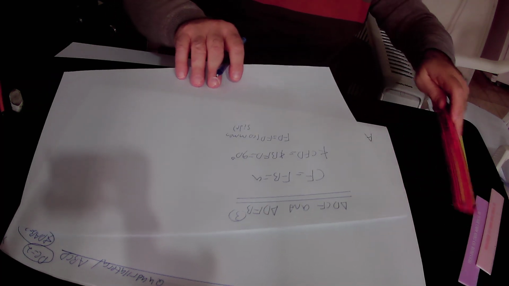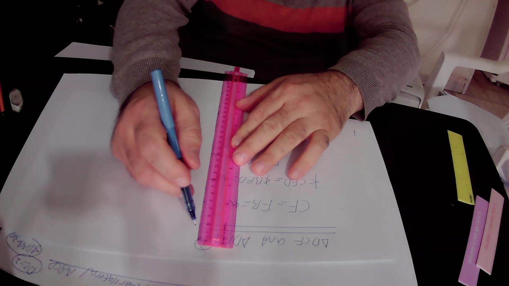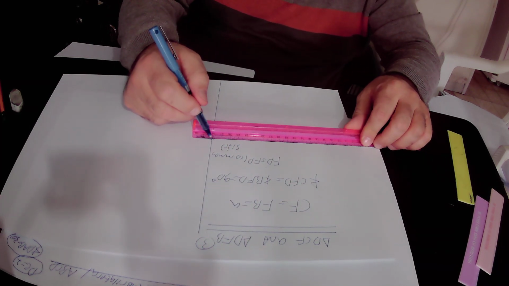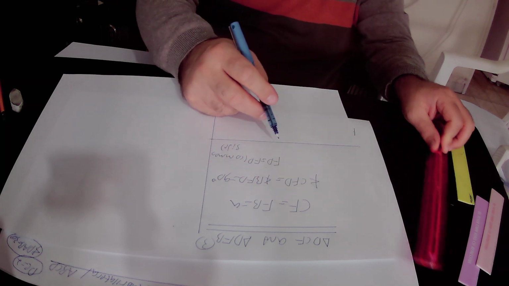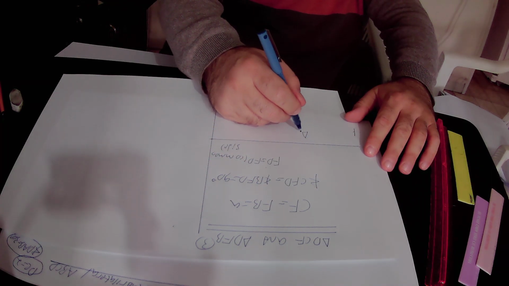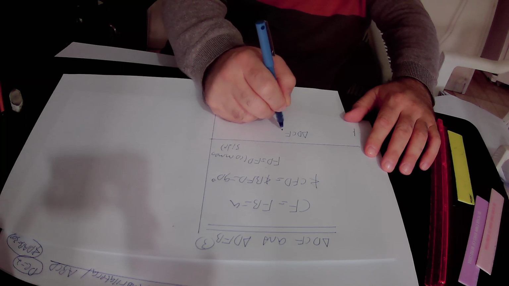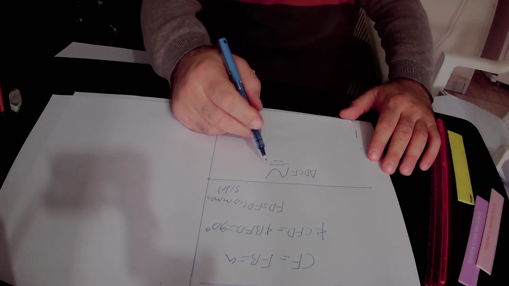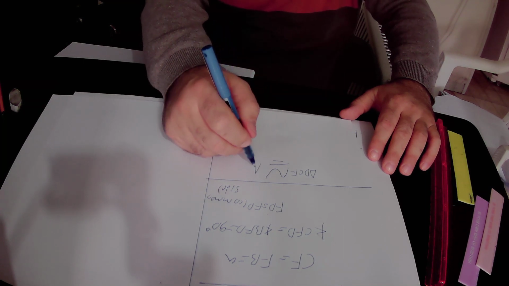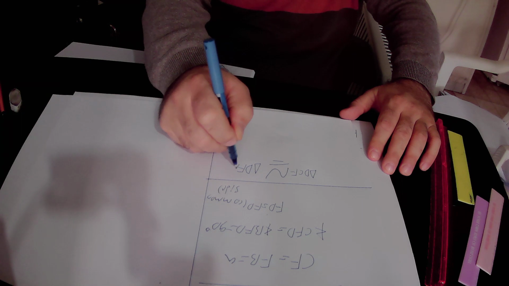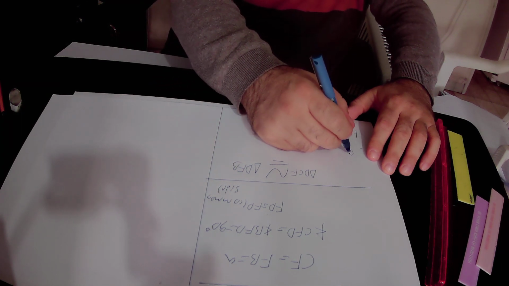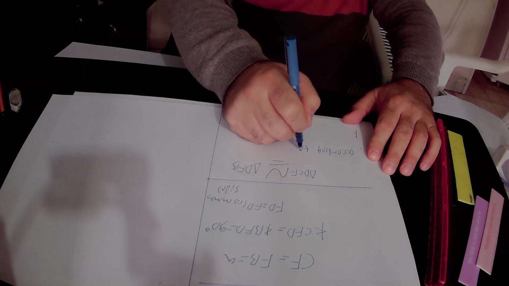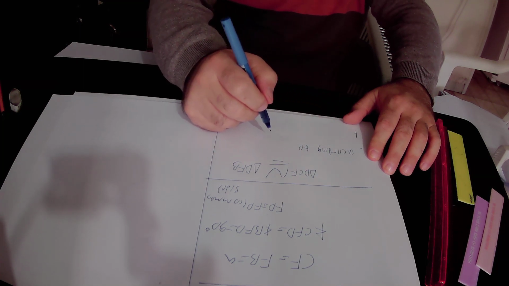So we actually proved that triangle DCF is congruent to triangle DFB according to the side angle side rule.